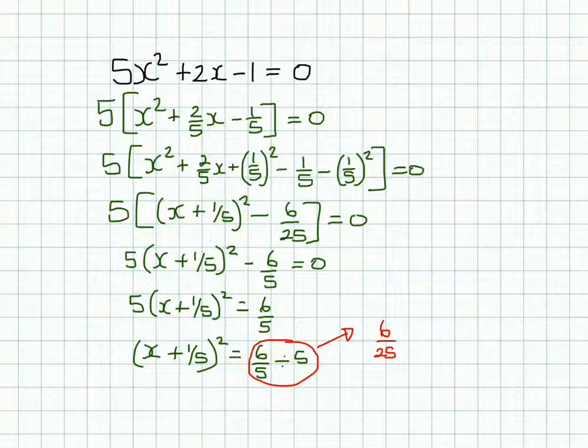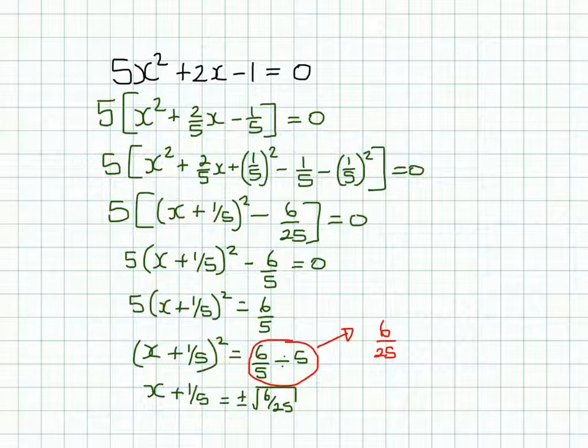So now I'll end up with x plus a fifth is equal to plus or minus the square root of 6 over 25. And that's basically where we get to now. Okay, the plus or minus that we've got here is where we're going to get our two answers from, because one answer will be positive, the other answer will be negative.